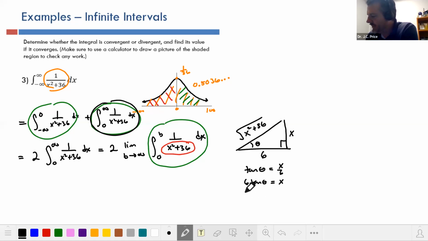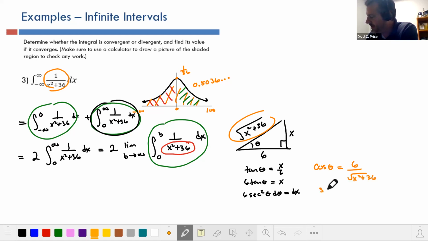If I take the derivative here, I get 6, and the derivative of tan theta is secant squared theta d theta. The derivative of x is just dx. So I have my dx, I have my x. Now I need to find this guy right here. Cosine of theta is equal to 6 over the square root of x squared plus 36.